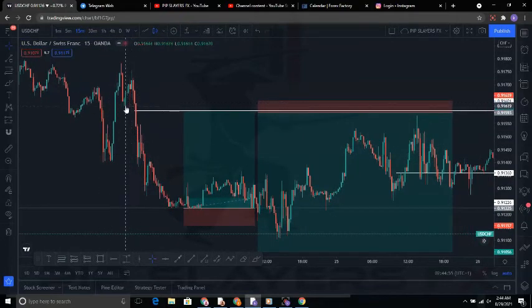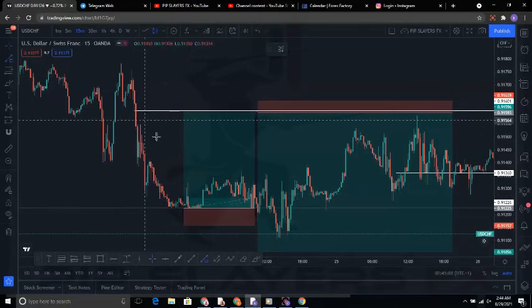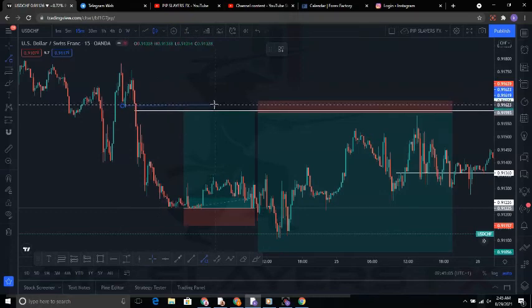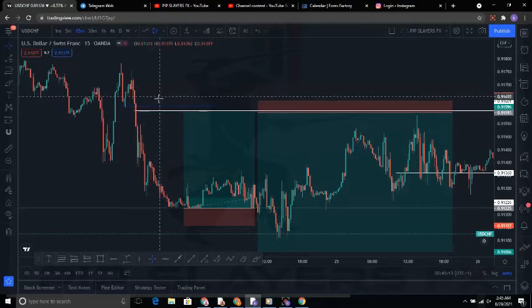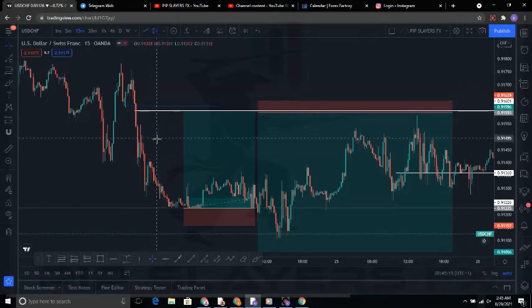What do we have here? We have a breaking market structure. After you break market structure, we saw these impulsive down candles. And this is also another breaking market structure.